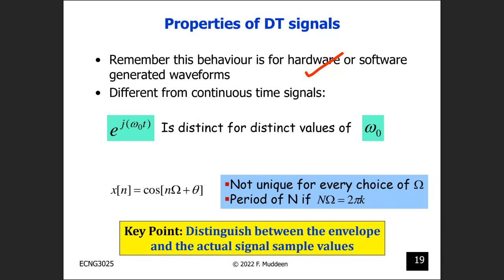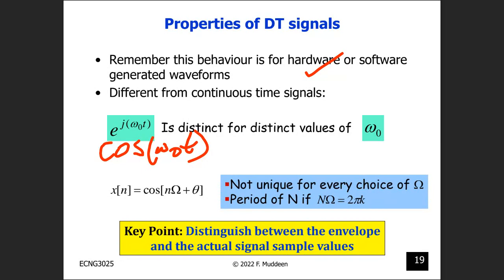So in the continuous time domain, e to the j omega naught t, or if you like, cosine omega naught t, is distinct for every distinct value of omega 0. In the case of the discrete time version, it is not unique.